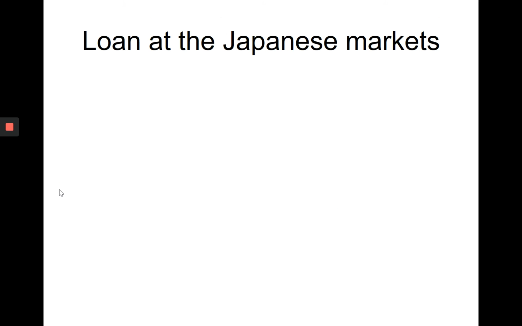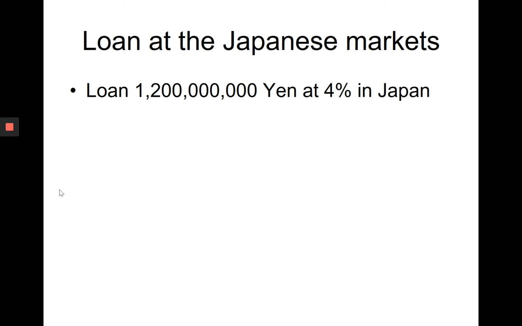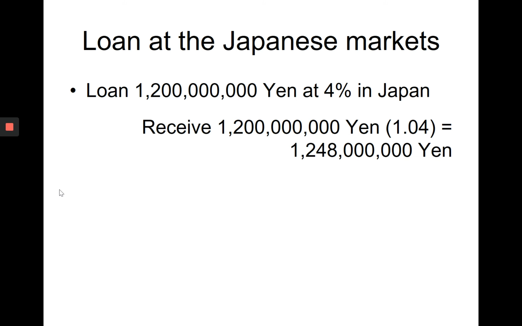Now we take this yen to Japan, to Japanese markets, and we make it available for a loan. We purchase government bonds, which in effect is loaning this money to Japanese government. Loan 1,200,000,000 yen at 4% interest in Japan, because the problem told us that the yen interest rates are 4%.